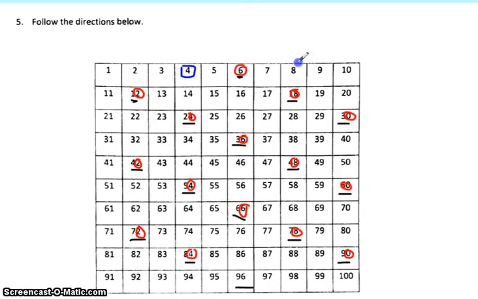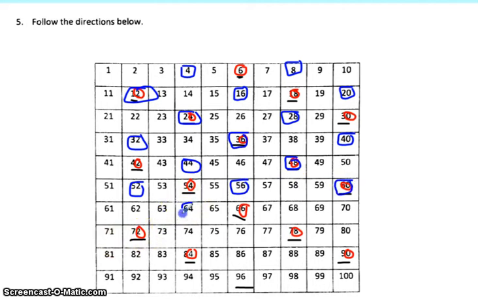So 4, 8, 12, almost 16, 20, 24, 28, 32, 36, 40, 44, 48, 52, 56, 60, 64, 68, 72, 76, 80, 84, 88, 92, 96, 100.